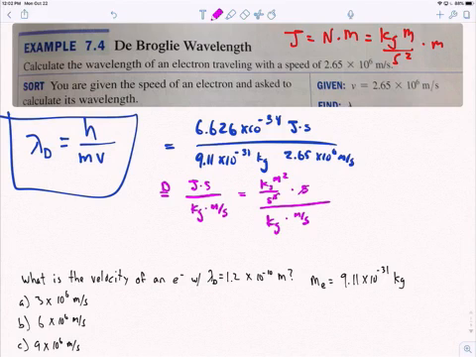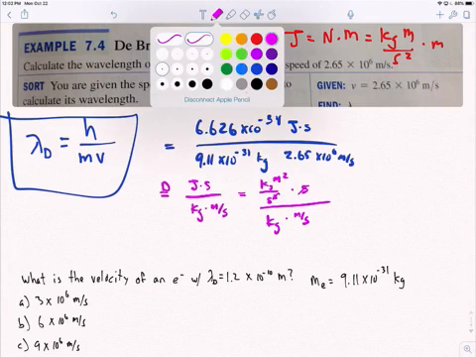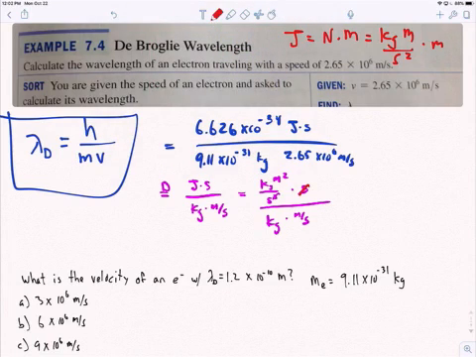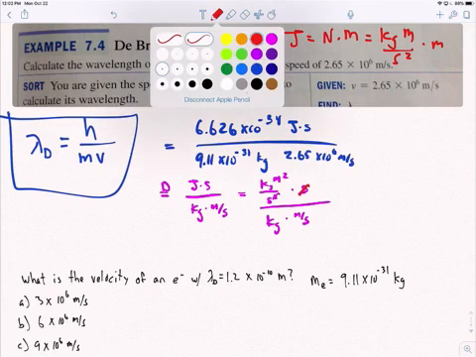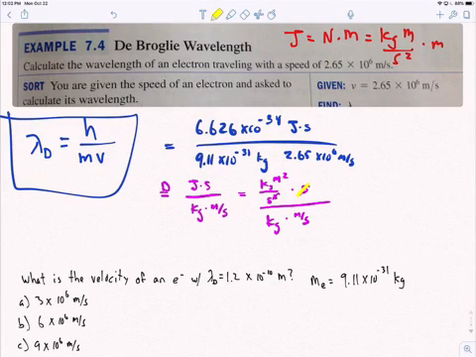So the seconds cancel, and the inverse seconds cancel. I should use a different color to cancel things out. I'll do yellow. So the seconds cancel, the inverse seconds cancel down there, meter cancels out the squared, kilograms cancel. You can't see that as well, but either way, the dimensionality is meters, if you follow through with all the units.